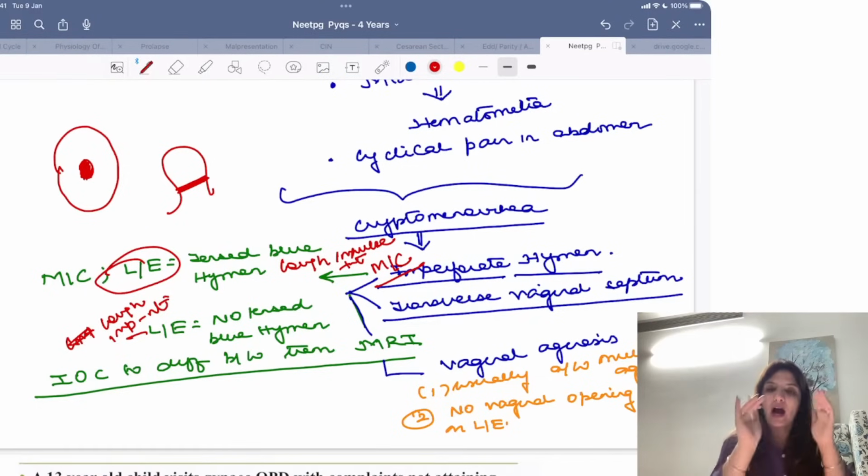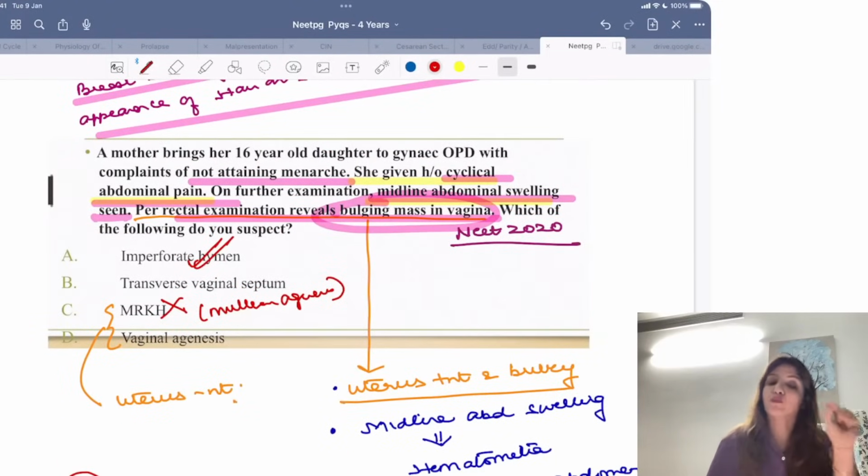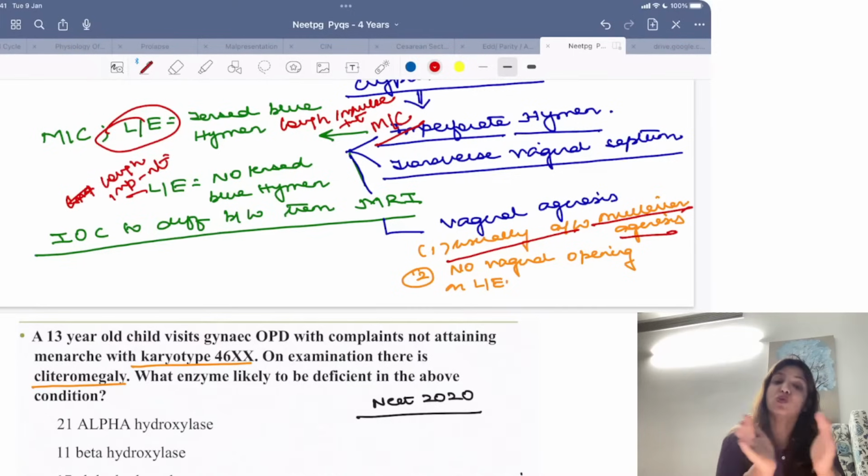Now, out of these three, which am I going to choose in this case? I am going to choose imperforate hymen because that is the most common cause of cryptomenorrhea. A very important thing which you should remember about vaginal agenesis is that it is usually associated with Mullerian agenesis. So generally in patients of vaginal agenesis, uterus is also absent, right?